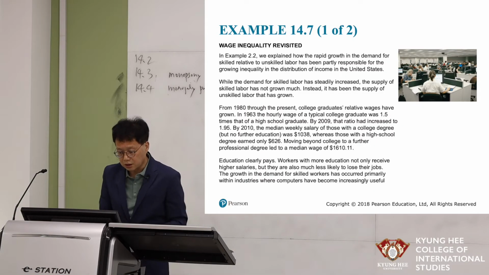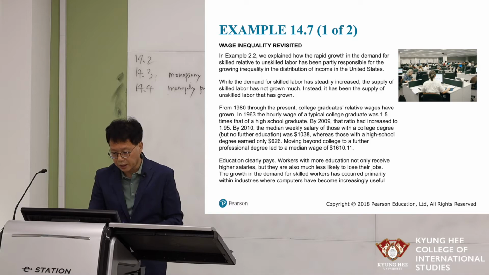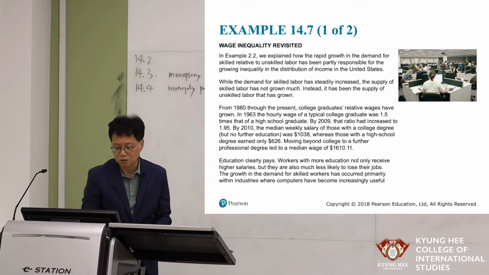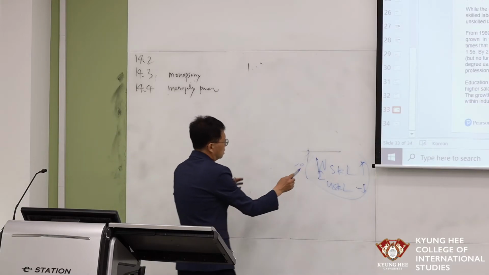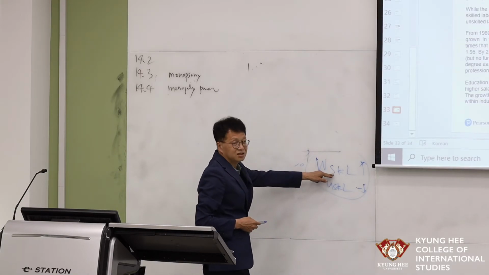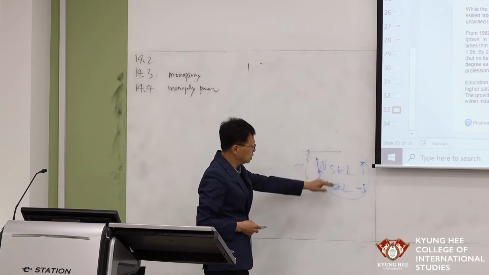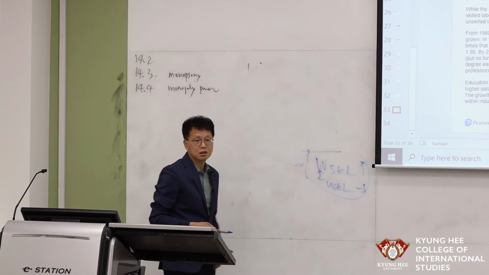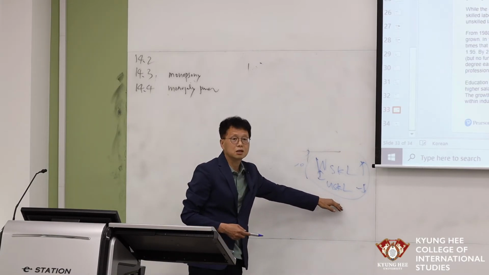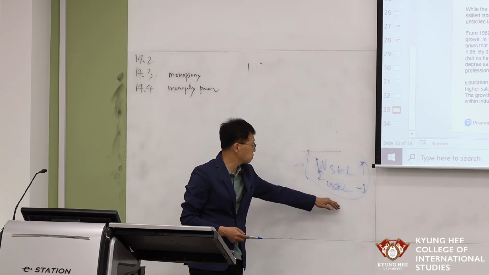In the United States, from the 1980s, college graduate relative wages grew, right? So college graduate workers are skilled labor, simply speaking. Unskilled labor is those with fewer than 12 schooling years, so high school graduate workers, for example.